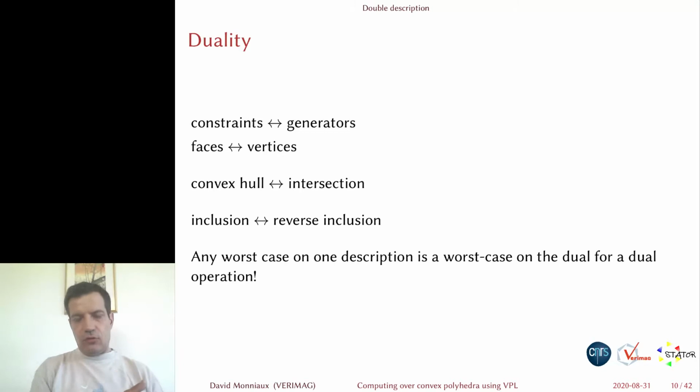I mean, the constraints are dual to the generators, the faces are dual to vertices. The operation of convex hull is dual to intersection. The inclusion test is dual to the reverse inclusion. So that's important, because any worst case behavior on one description translates by duality to another worst case behavior on the other description.